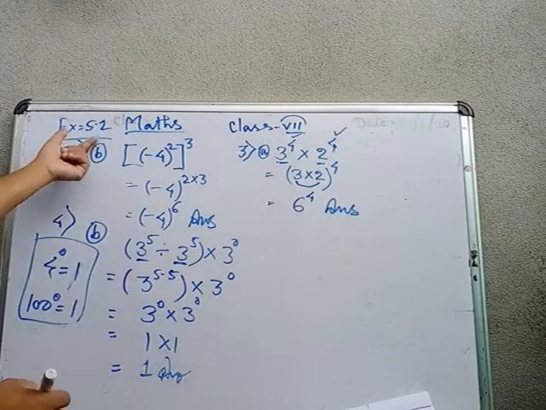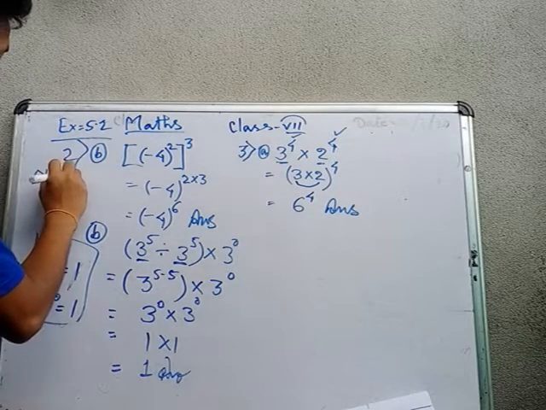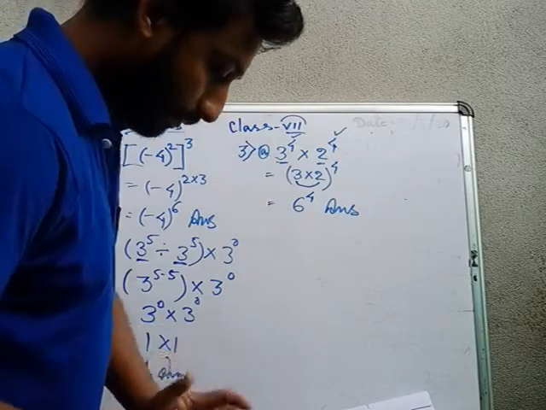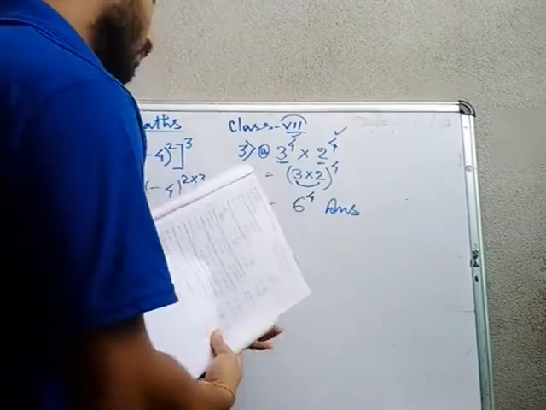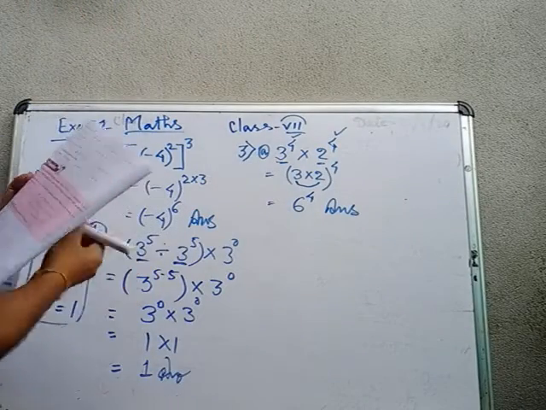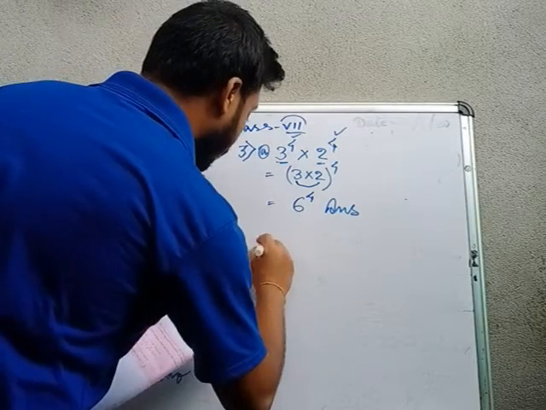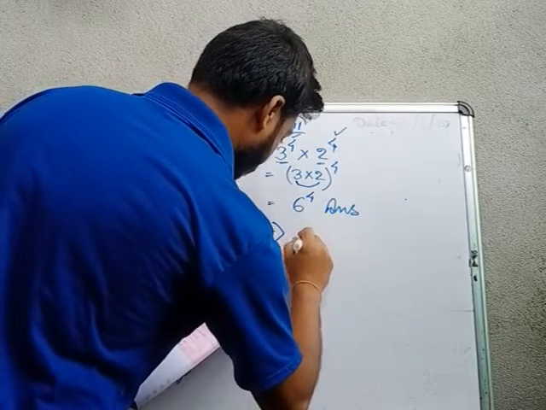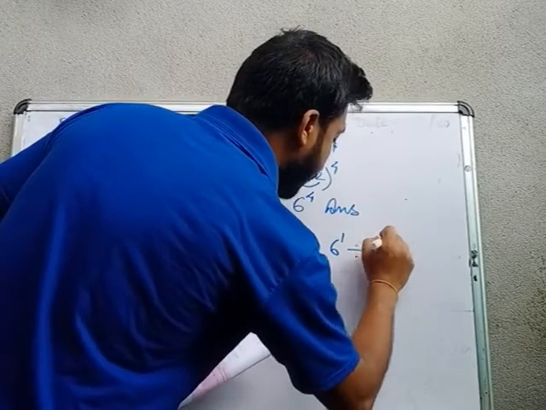So for exercise 5.2, number 2, 3, 4, your homework. Then I will tell you the next number 5. Simplify the same. 6 to the power 1 divided by 3 to the power 1.